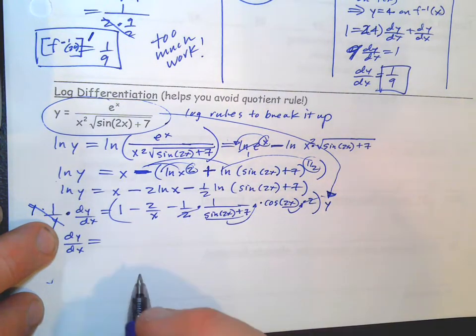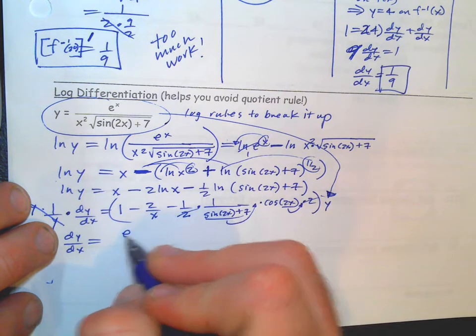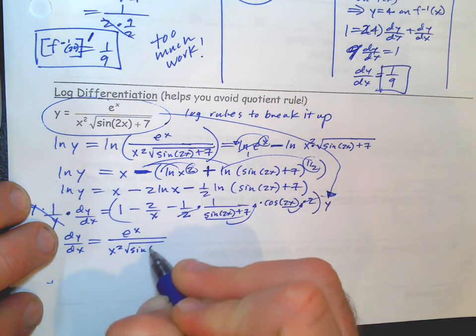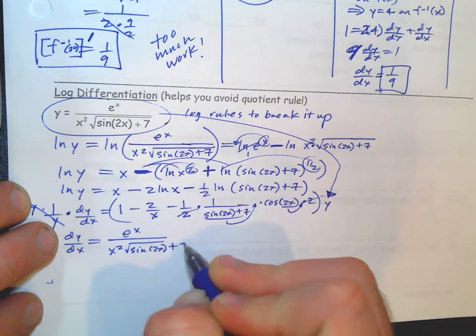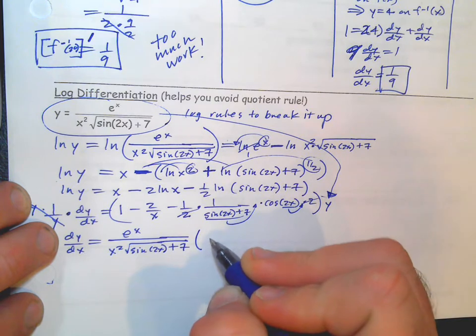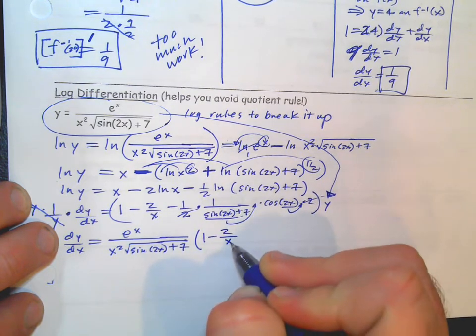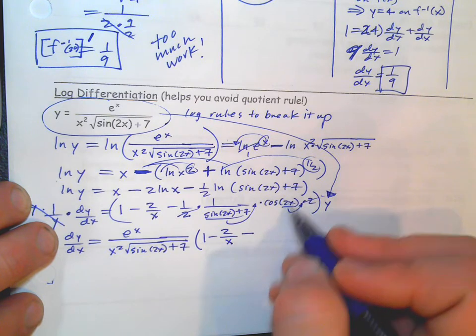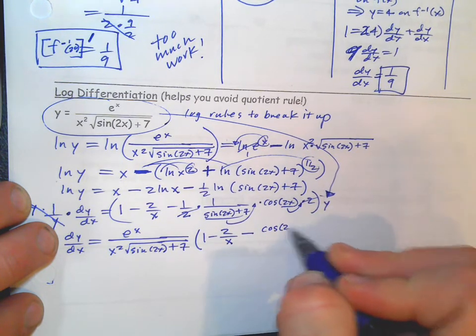So it's going to be e to the x over x squared times the square root of sine 2x plus 7 for the y. And then you have 1 minus 2 over x, minus cosine 2x over sine 2x plus 7. I don't think we're going to be able to break that up.